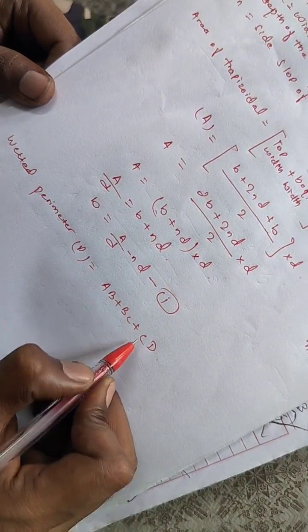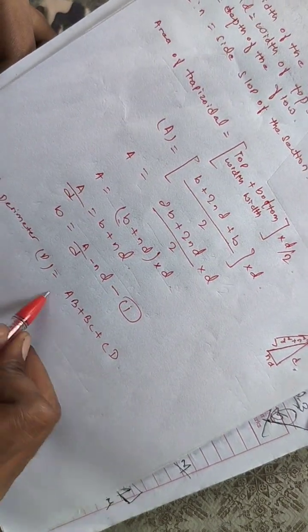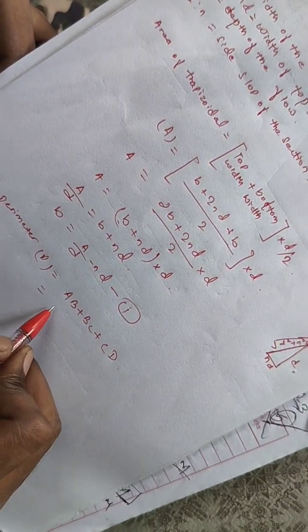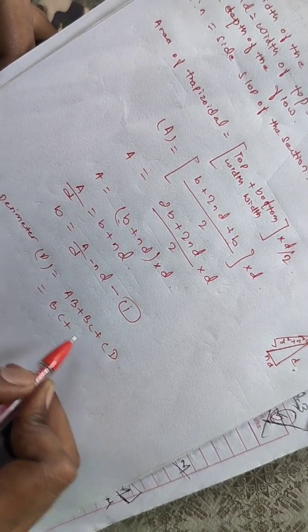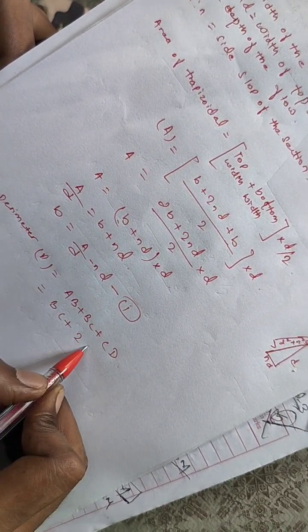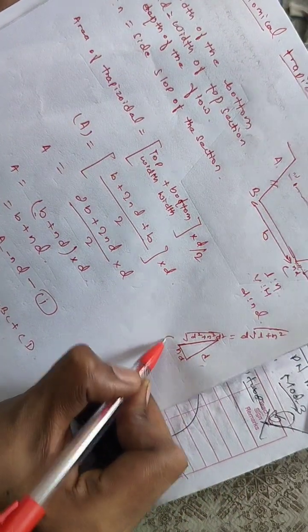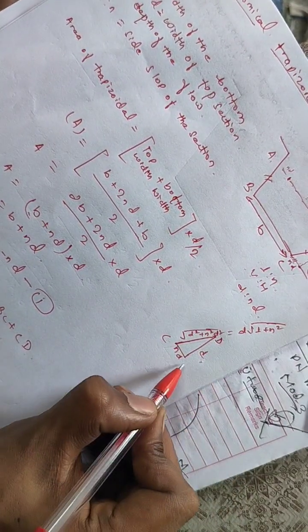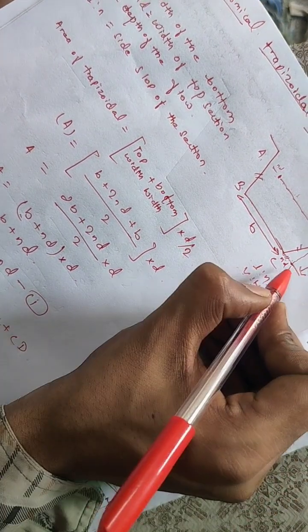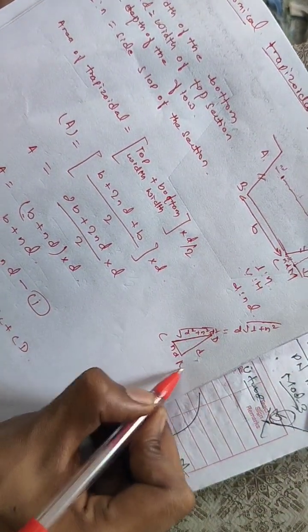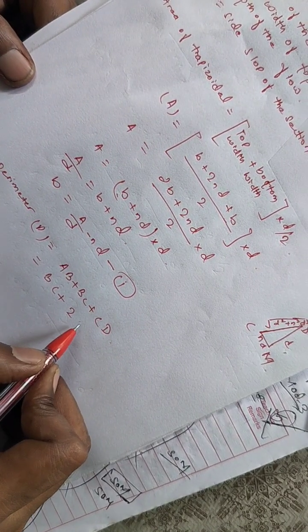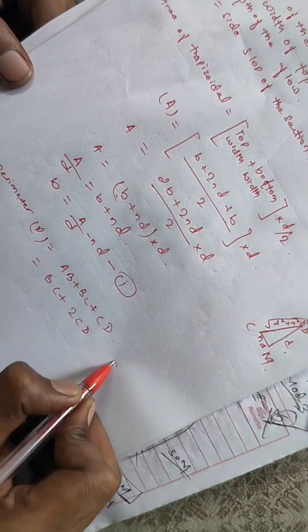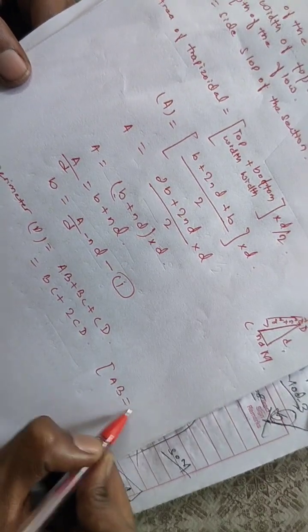So AB and CD are equal, then we can write P equals BC plus 2 CD, since AB equals CD.